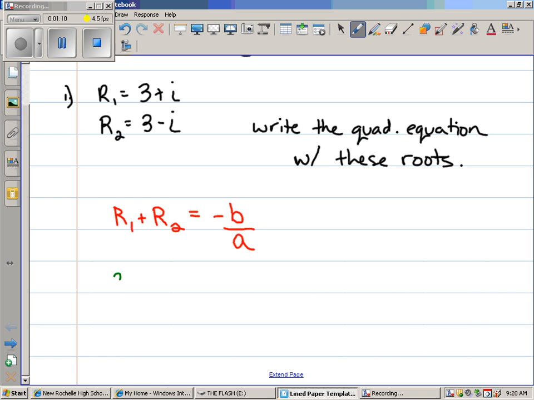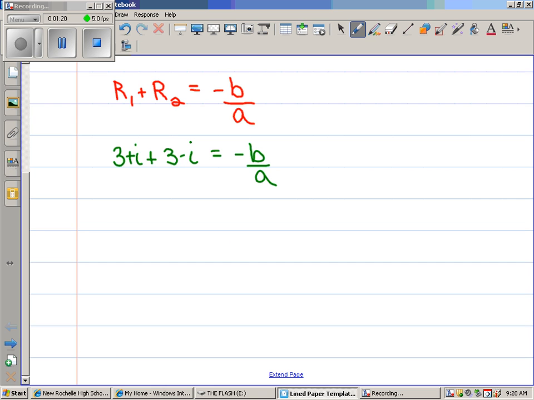Let's see. That's 3 plus i plus 3 minus i equals negative b over a. And so the i's cancel away, and so 6 equals negative b over a.